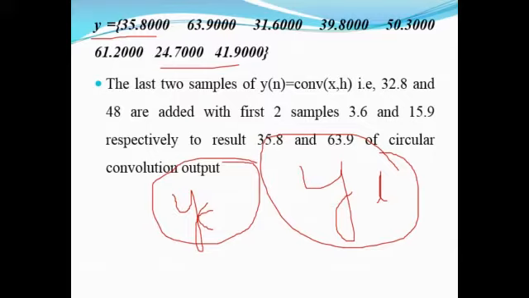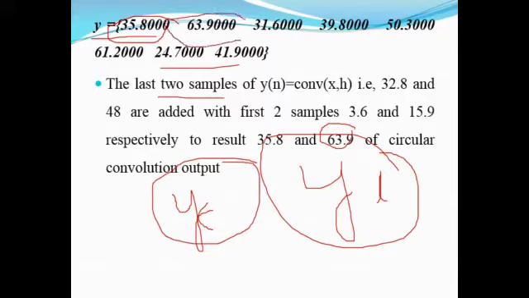Here, the last two samples of y of n, 32.8 and 48, are added with the first two samples, resulting in 35.8. So this is the 35.8 we get on adding the last two samples to the first two samples, and the other value we get is 63.9.